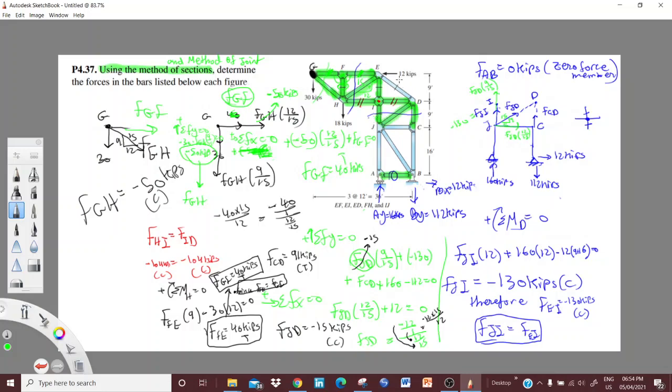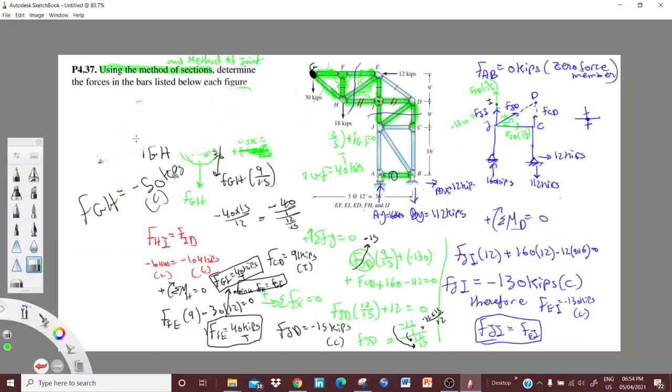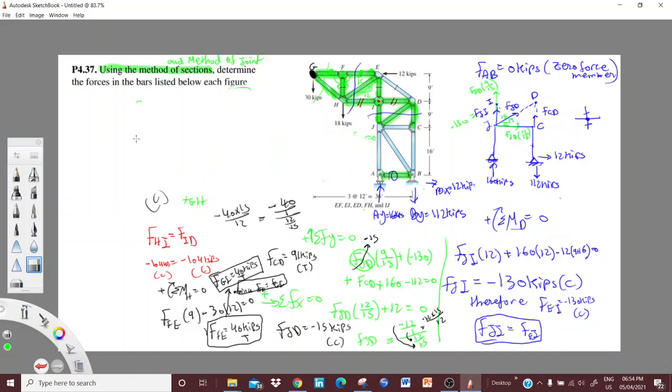So if we do a cut, let's erase everything. I will do a cut from this side, and I will include the upward part or the downward.